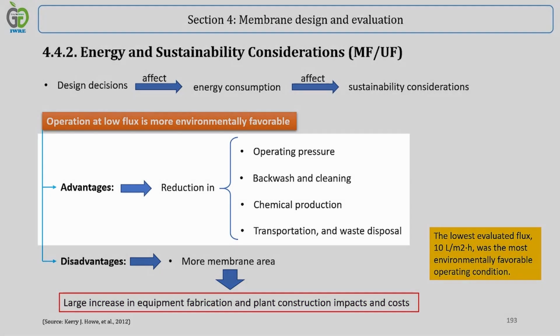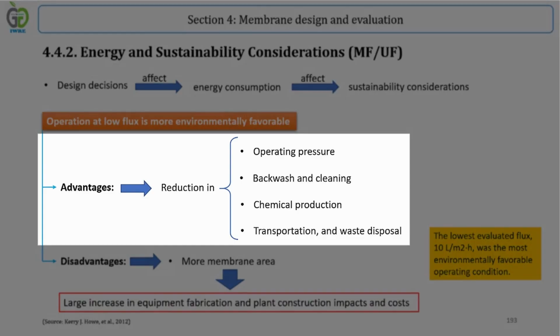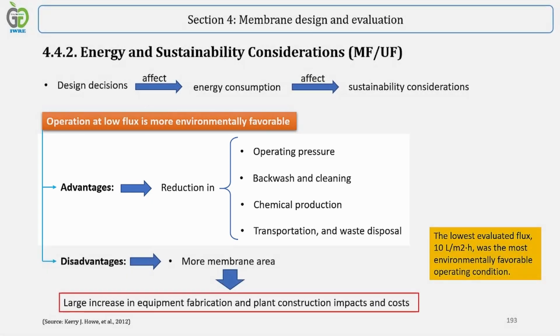Low flux operation allows the system to operate at lower pressure, reducing electrical energy consumption. Low flux will also decrease the frequency of backwash and cleaning, reducing environmental impacts associated with chemical production, transportation, and waste disposal.